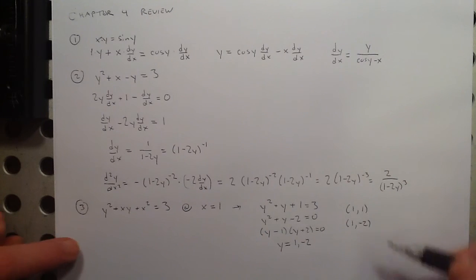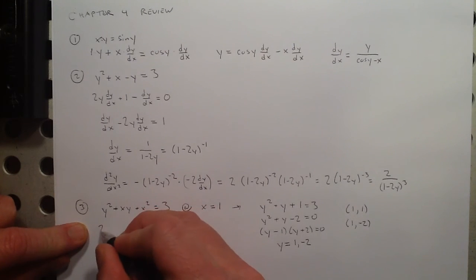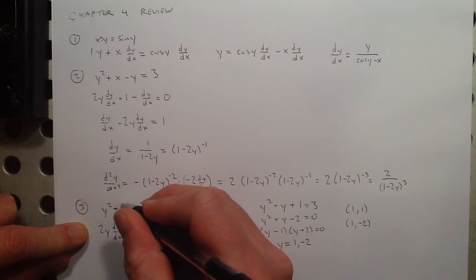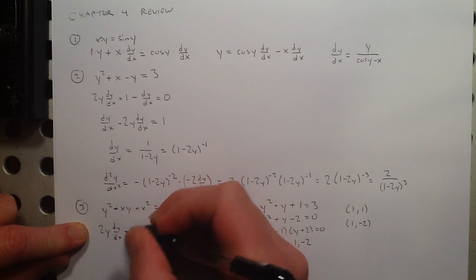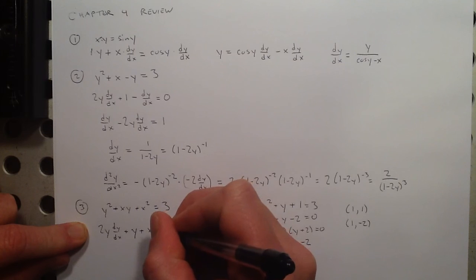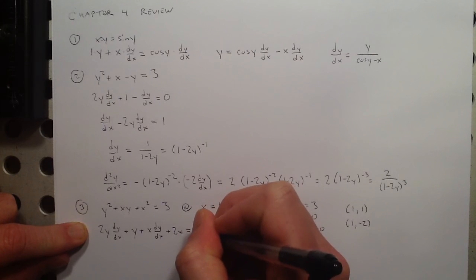Okay, now I need to find the slope at each one of those points. So I'll find the derivative. That's 2y dy dx plus, and then the derivative of this product, derivative of the first times the second, plus the first times the derivative of the second, plus 2x equals 0.